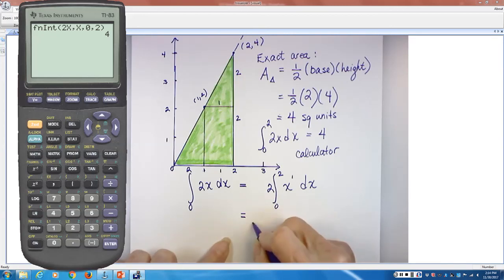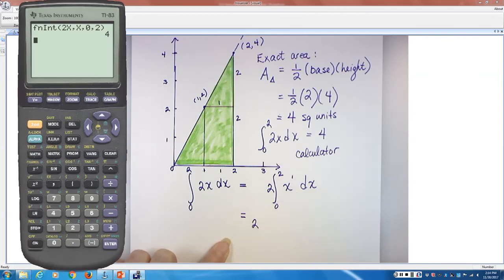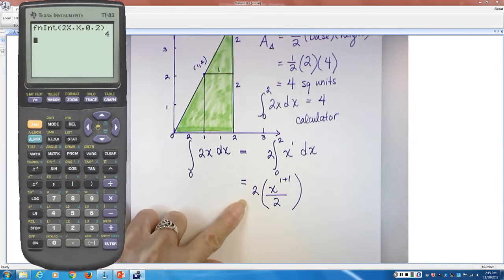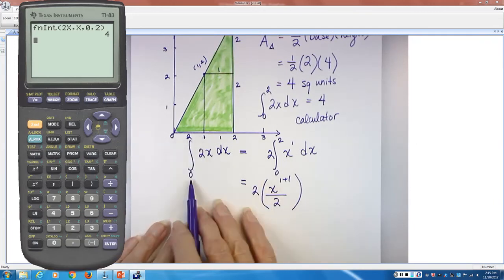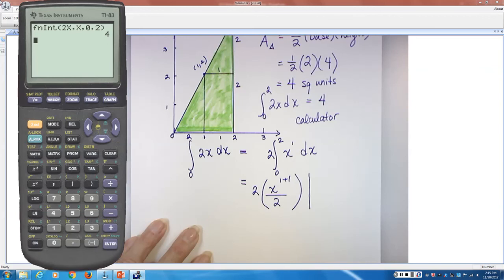So that's 2, and the integral of x dx is x to the 1 plus 1 divided by 2. And then the way we're going to indicate that we're going to actually evaluate it and make it a definite integral is we put just a long line rather than being all swirly and make a curved line, and we're saying we're going from 0 to 2.